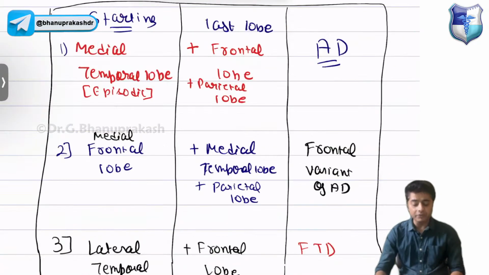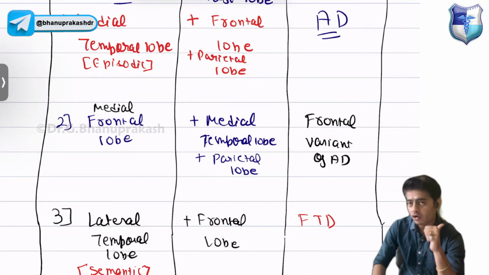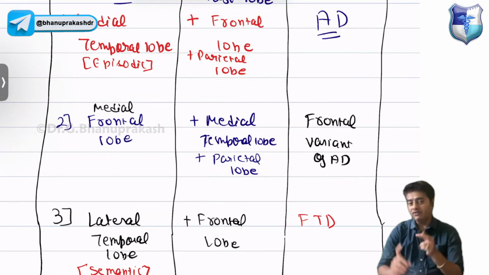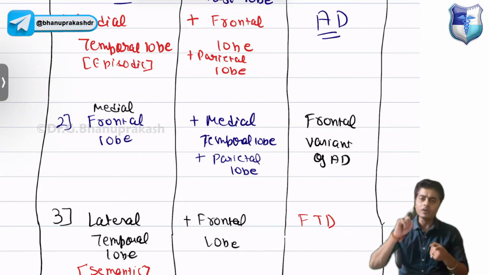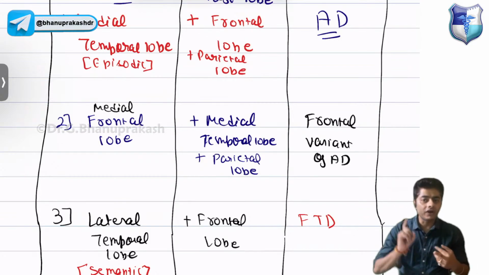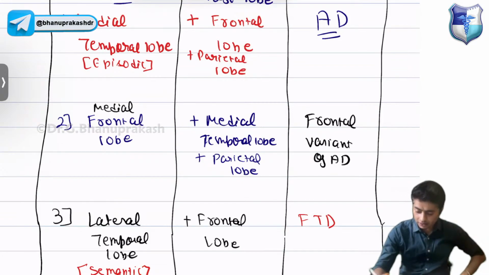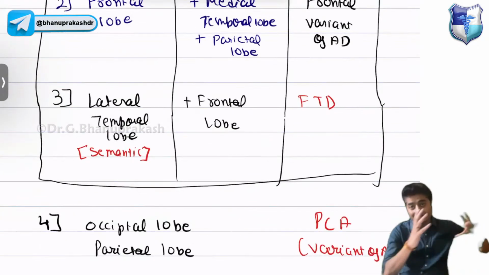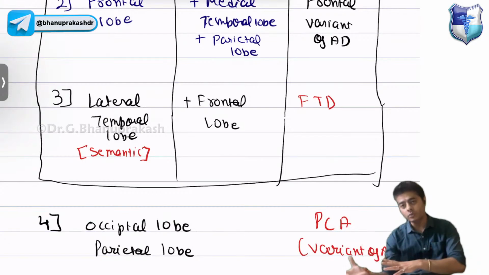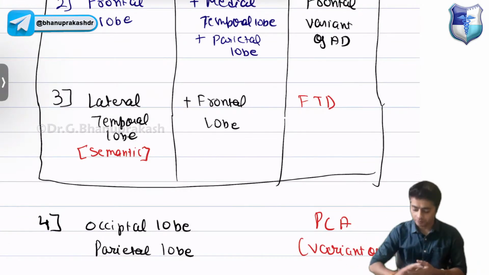So, just with me: if medial temporal lobe is affected, it is Alzheimer disease. If lateral temporal lobe is affected, it is frontotemporal dementia, FTD. Medial temporal plus frontal parietal is Alzheimer disease. But if first frontal lobe is affected, and then medial temporal, it is the frontal variant. If lateral temporal lobe and then frontal lobe are affected, it is FTD, because in FTD lateral temporal is gone. In Alzheimer, medial temporal is gone.